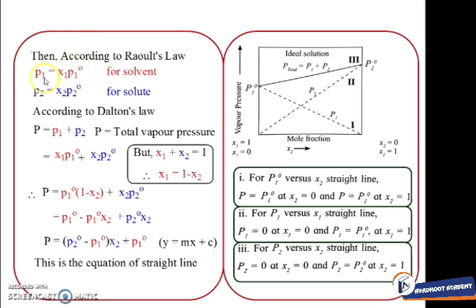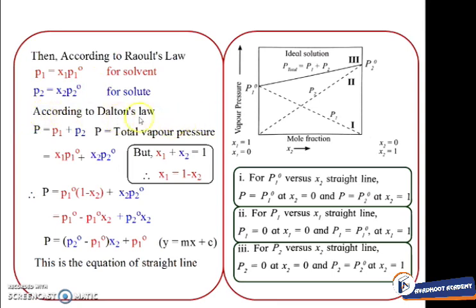So according to Raoult's law, the partial pressure of any component is the product of the vapor pressure of that component in pure state multiplied by the mole fraction of that component in solution. This is for the solvent. Similarly, for the volatile solute, according to Raoult's law, P2 is equal to x2 into P20.